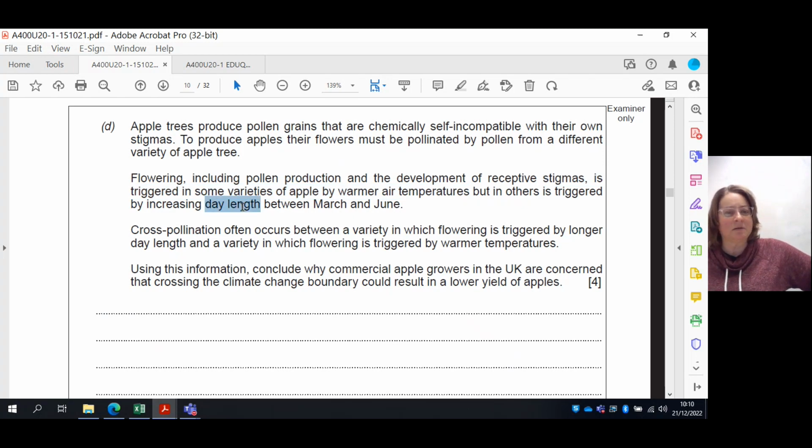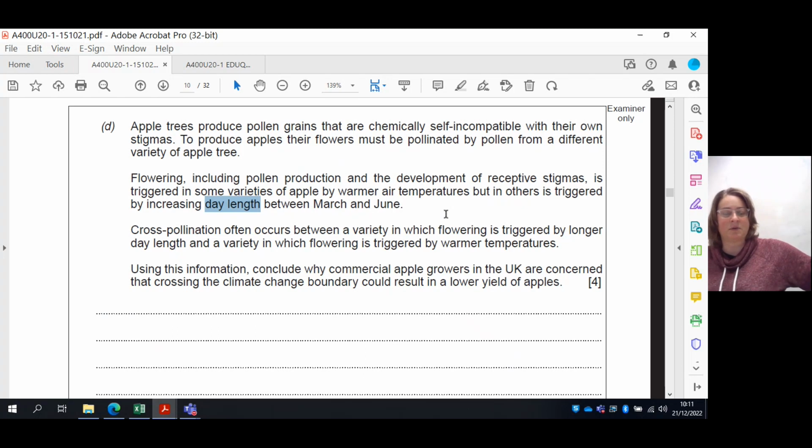However, the day length, I'm going to remind you of something you did in year 7 when you did planet Earth circling around the sun and the tilt of the axis, blah, blah, blah. The day length is not affected by global warming. That is simple physics and planet Earth on its axis being around the planet where it is and gradually getting longer and longer light hours based on that planetary movement.